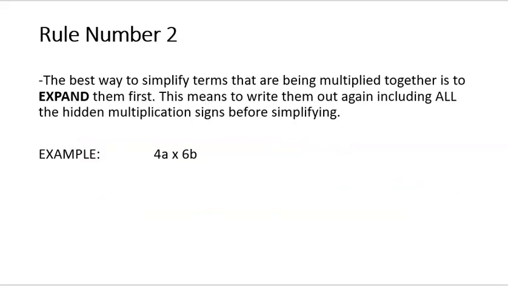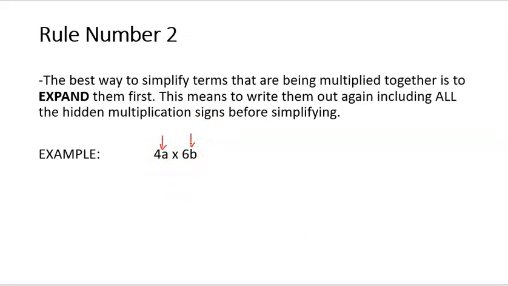Rule number 2: the best way to simplify terms that are being multiplied together is to expand them first. That means you need to write them out again and include all of those hidden multiplication signs before you simplify. So if we have a look at this example, we've got 4a multiplied by 6b. There'll be a hidden multiplication sign between 4 and a, and a hidden multiplication sign between 6 and b.